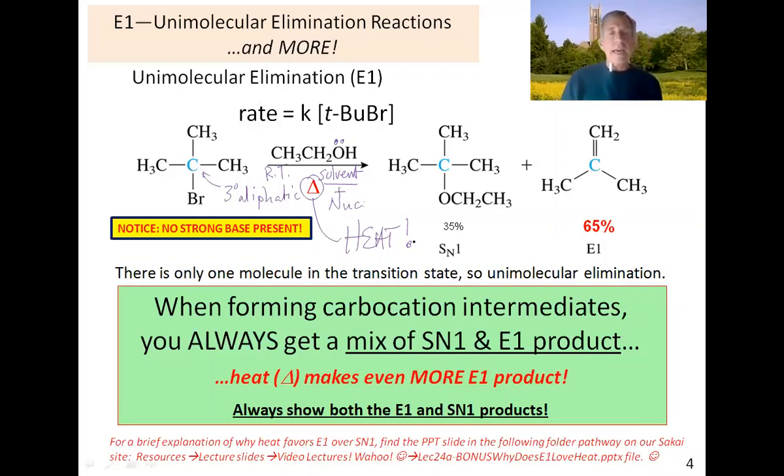And so instead, as I mentioned here, I've included it as a bonus slide at the very end of the pre-lecture slides that are posted on our Sakai site. So if you want to see the bonus slide and see why heat favors elimination over substitution, please take a peek. And it does this only for SN1 and E1. Okay? All right.